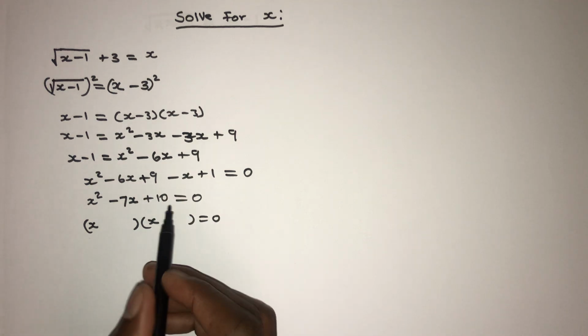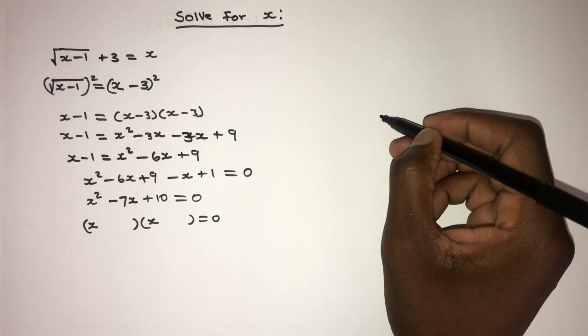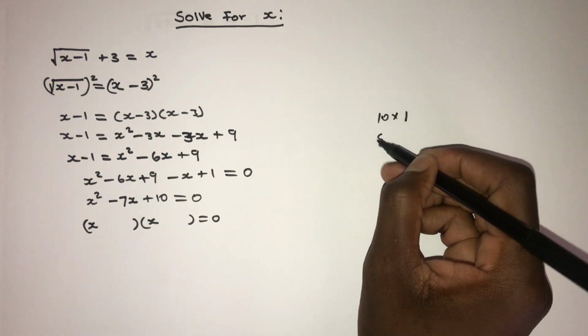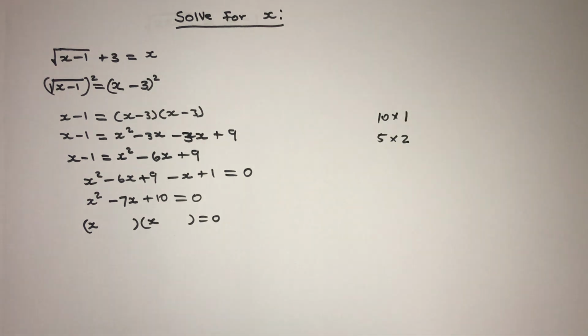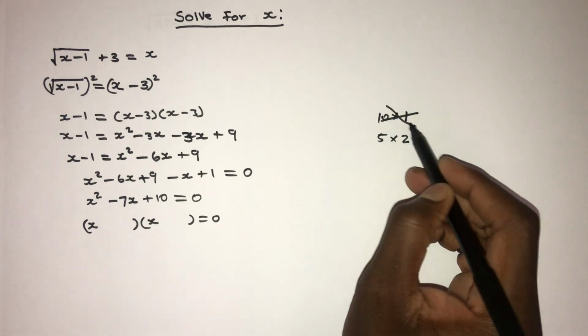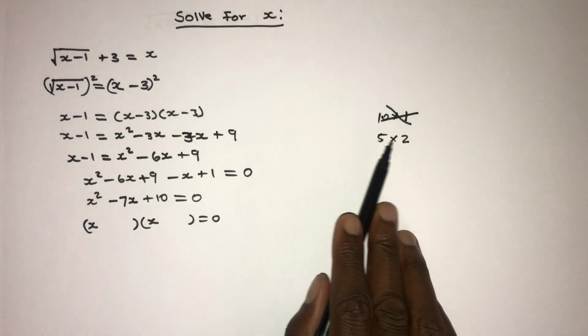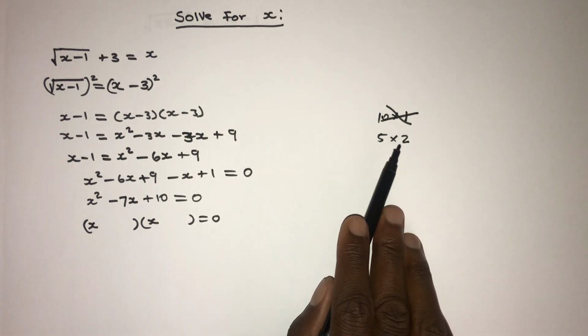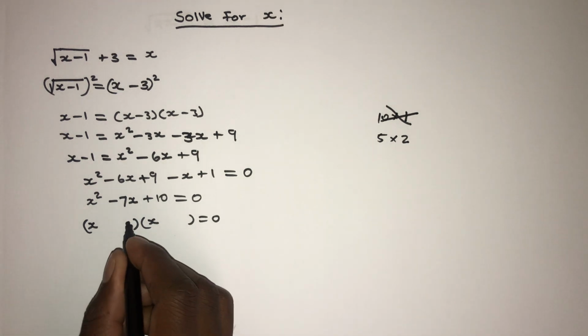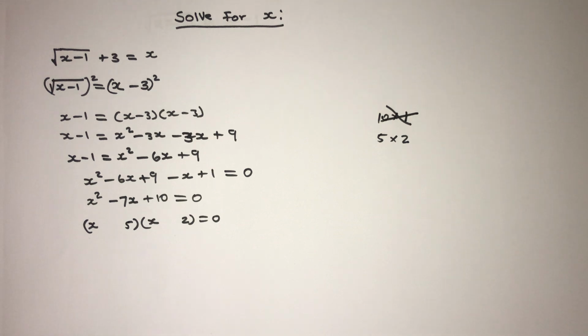When I check, we have 10 times 1 and 5 times 2. For 10 times 1, when we add or subtract, they will never give us 7, so we cancel this one out. Then 5 times 2 is 10, right? And when we add 5 plus 2, they give us 7. So now we have 5 and 2.